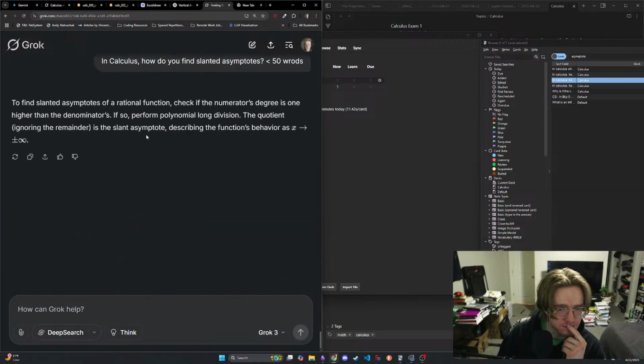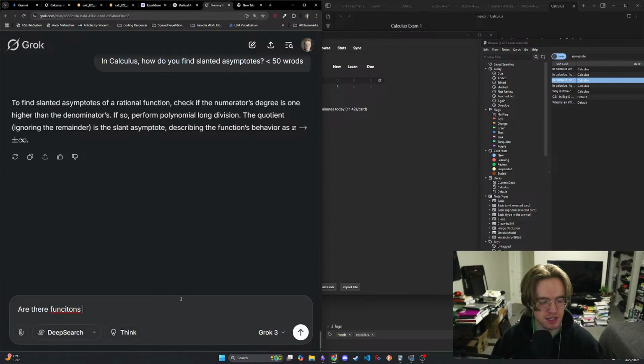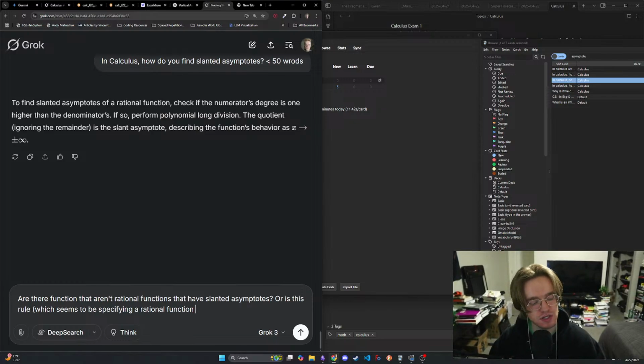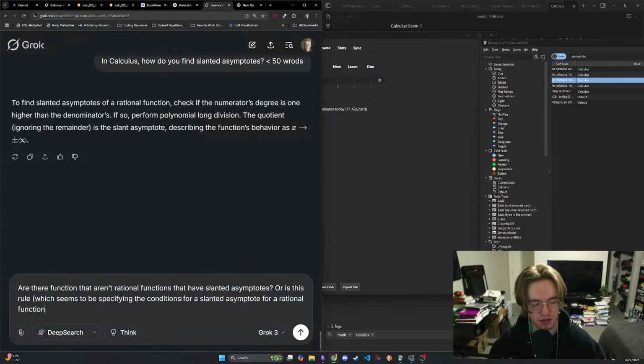Okay, so are there functions that aren't rational functions that have slanted asymptotes, or is this rule, which seems to be specifying the conditions for a slanted asymptote for a rational function, general enough?